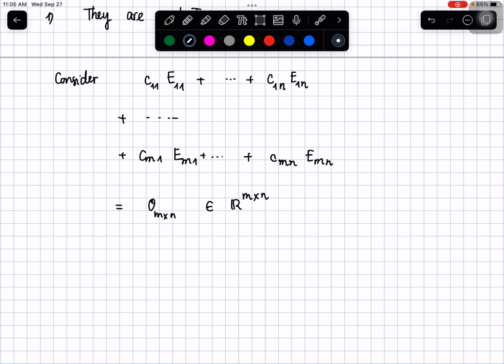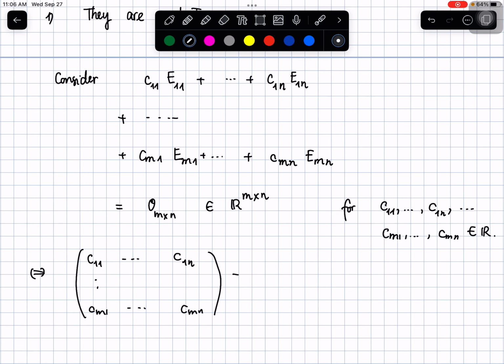The left hand side has c11, c1n, c21, c2n, cm1, cmn, which are just real numbers. This is equivalent to the matrix with entries c11, c1n, cm1, cmn equal to the zero matrix.